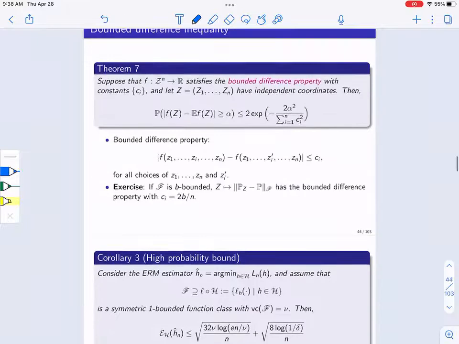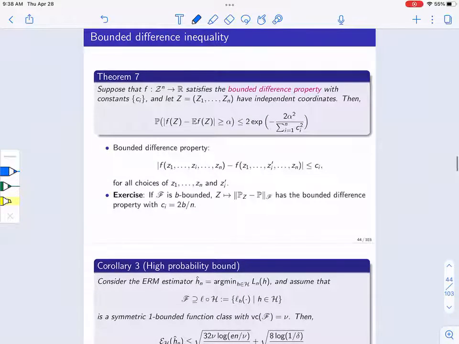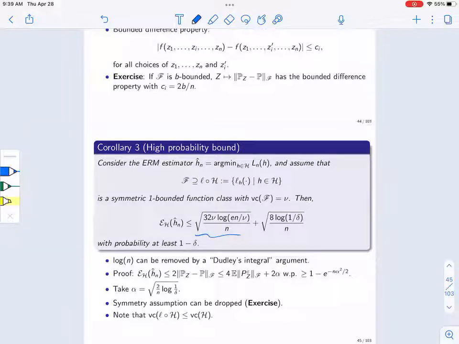So we saw that the map that maps Z to the supremum of this empirical process is bounded, so the class is bounded, so this has the bounded difference property, and then you get the concentration inequality. We control the expectation of this by the Rademacher complexity, and this is the part that comes out of the bounded difference inequality.